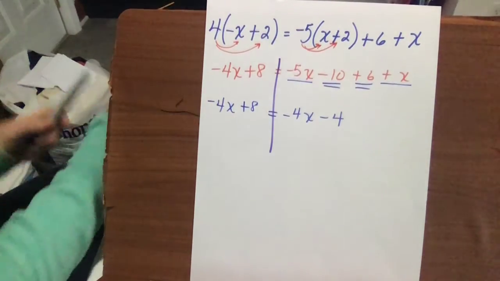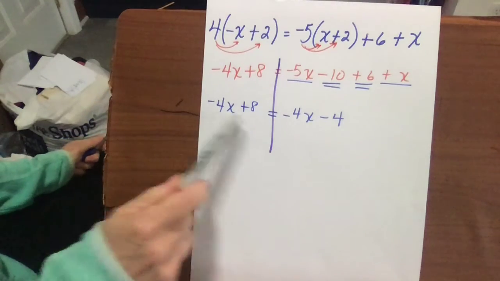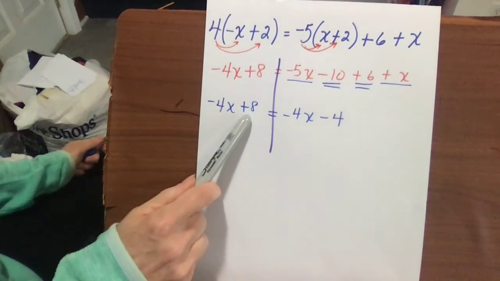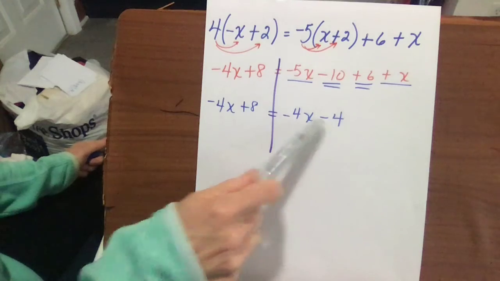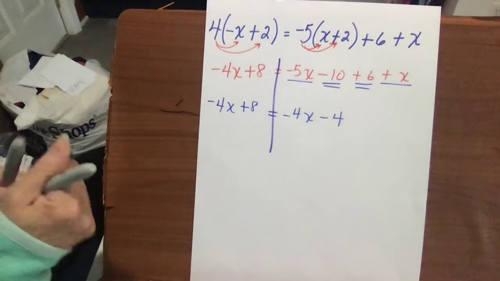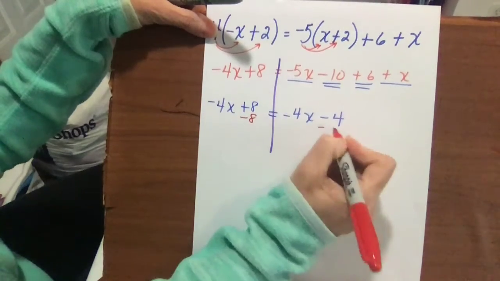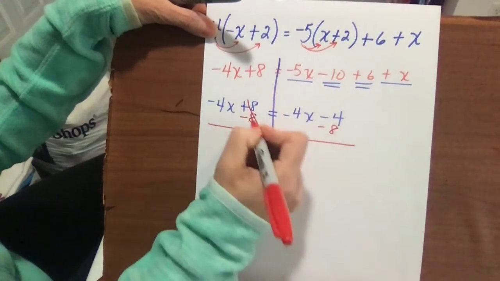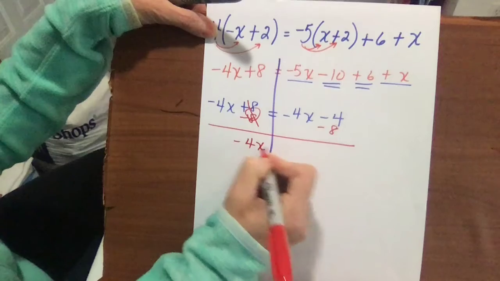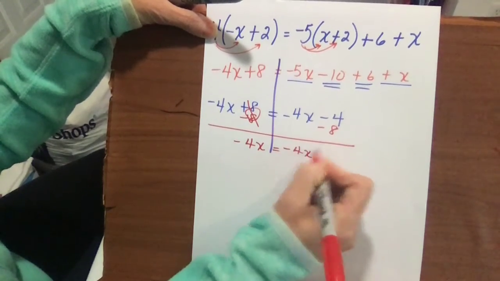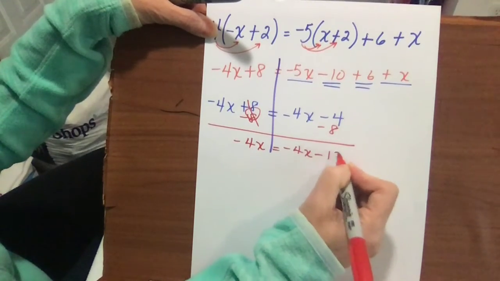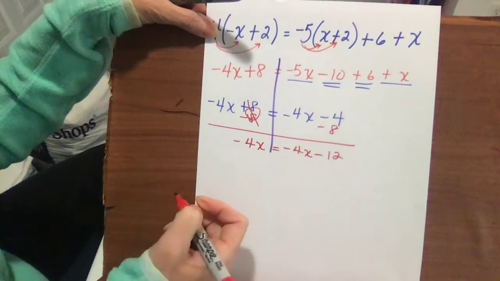Some of us might recognize that, hey, if I've got negative 4x on both sides and I'm adding 8 to one side and I'm subtracting 4 from the other, no way this is equal. But if you don't recognize it, we go through the motions and we start to move our numbers to one side. We bring down our negative 4x equals negative 4x. We total negative 4 minus 8. It's negative 12, so minus 12.